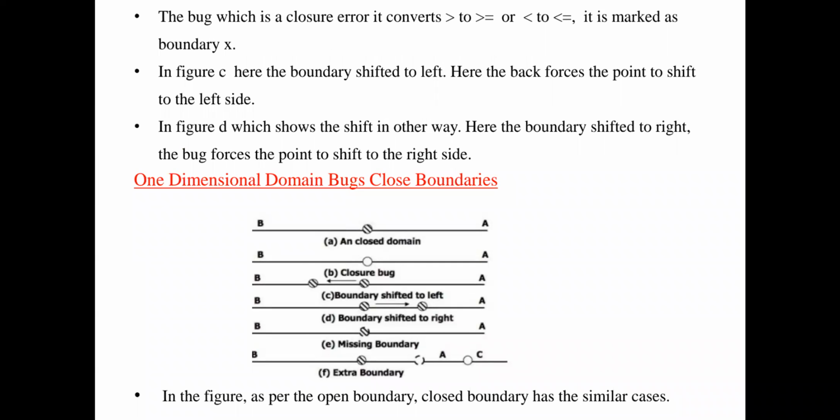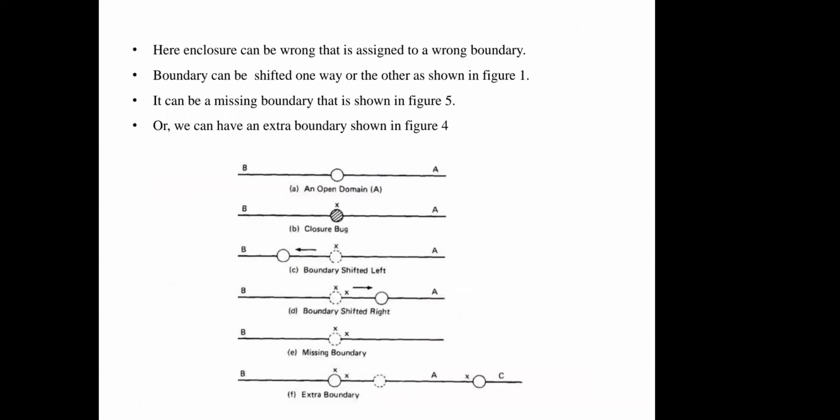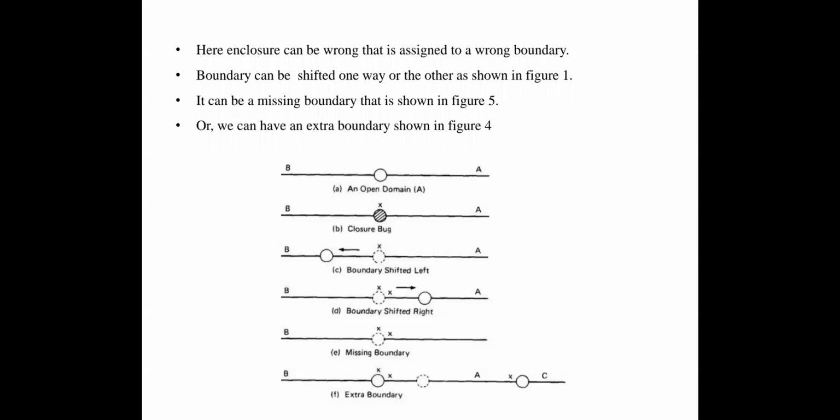That's why, based upon that equation and the values you are assigning to it, the particular boundary closure is shifted. Like that, figure D shows the shift in another way. It is right shifted. These are some different errors that will be produced according to your boundaries.